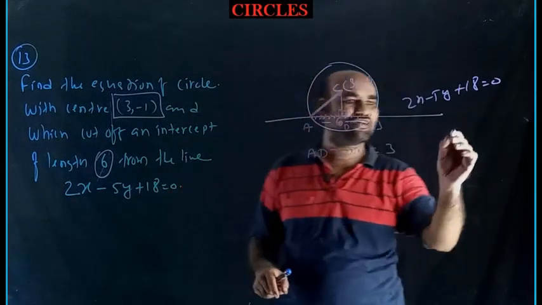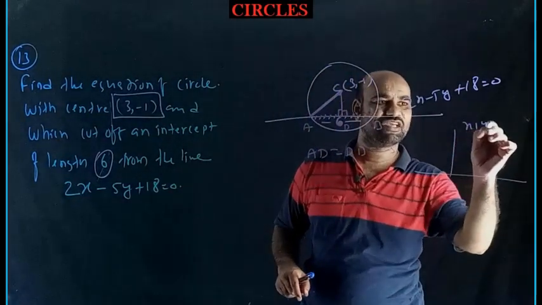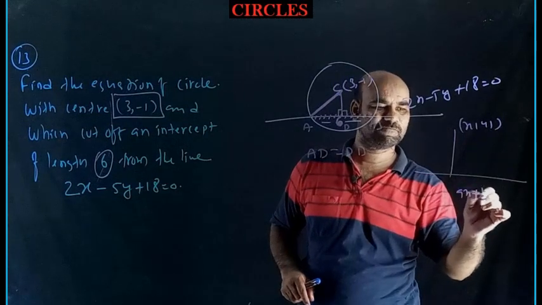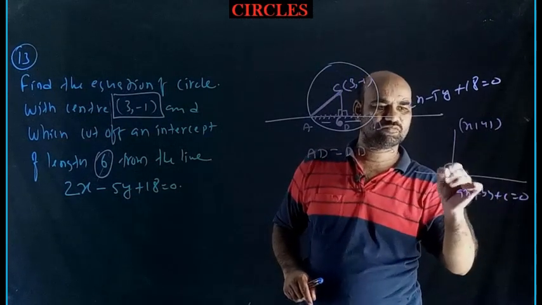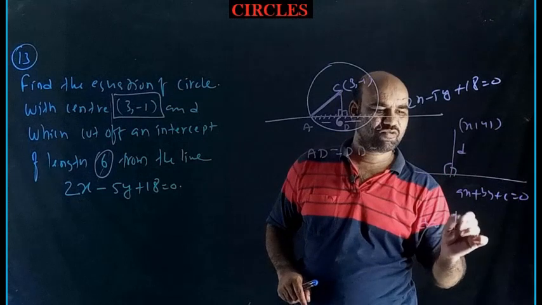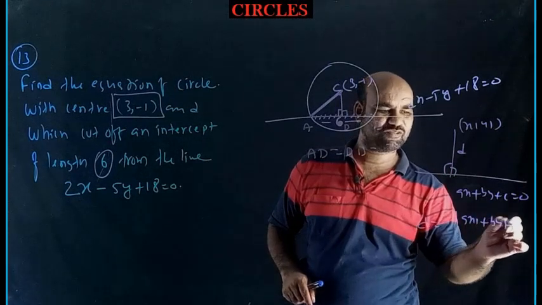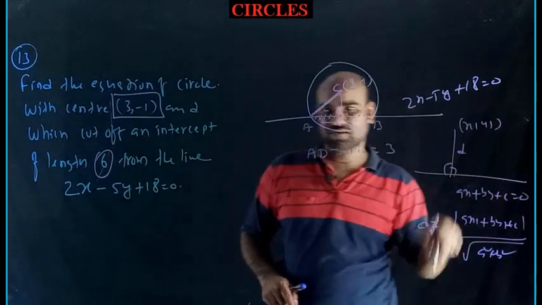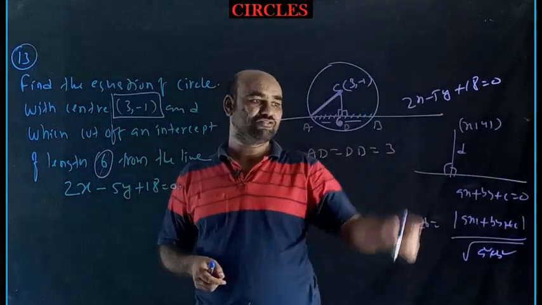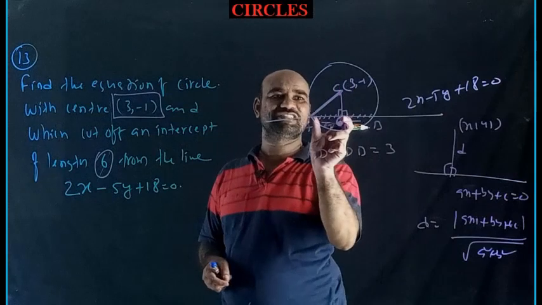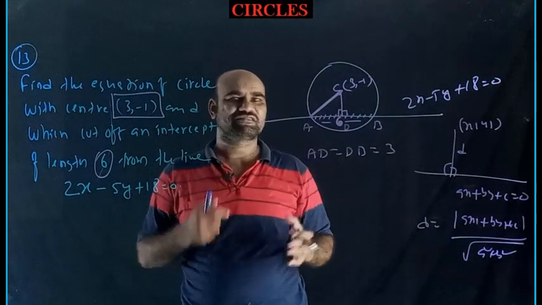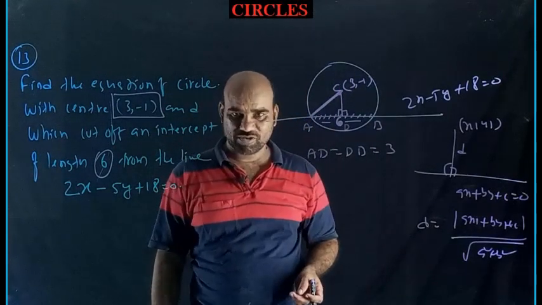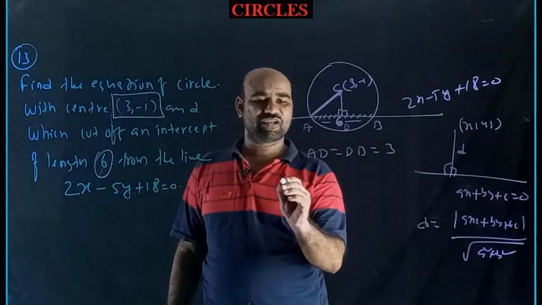Already we have the formula for the perpendicular distance from a point to a line: CD equals mod of ax1 plus by1 plus c divided by root over a square plus b square. By using this formula you can find CD, and since AD is already there, you can find CA, the radius. With the center, you can find the equation of the circle. That's not a big problem. So first of all I want CD.